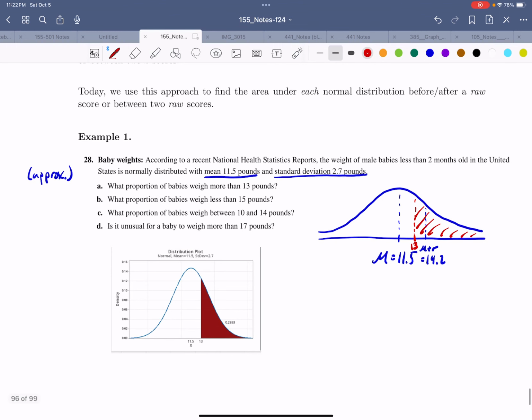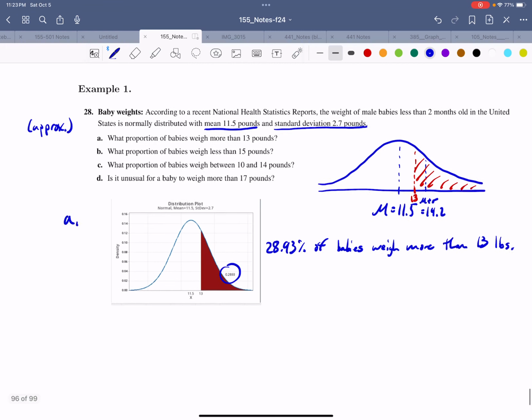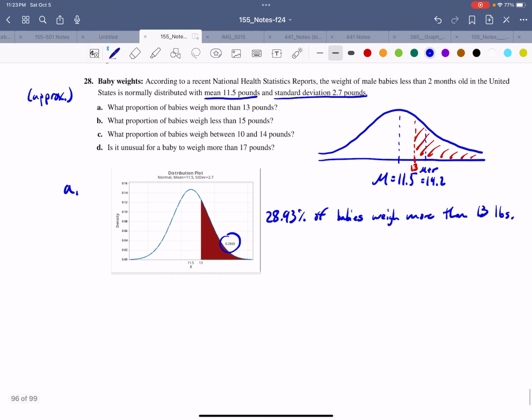So for part A, 28.93%, or we could just write 0.2893 of babies, and I guess we're assuming male babies, weigh more than 13 pounds.